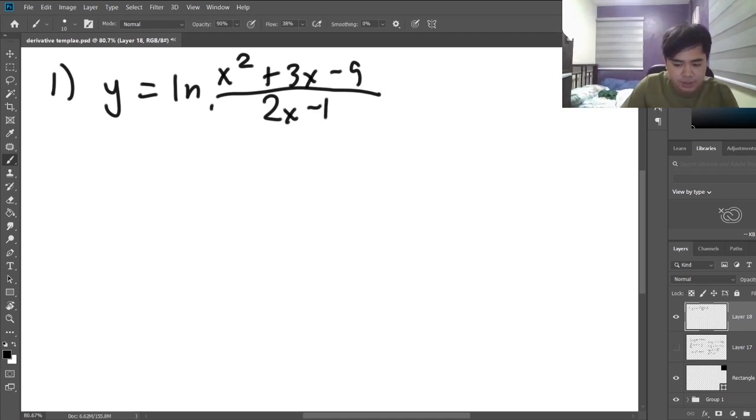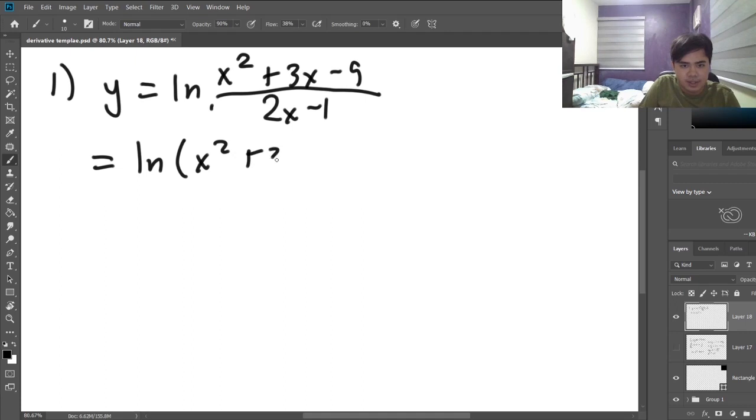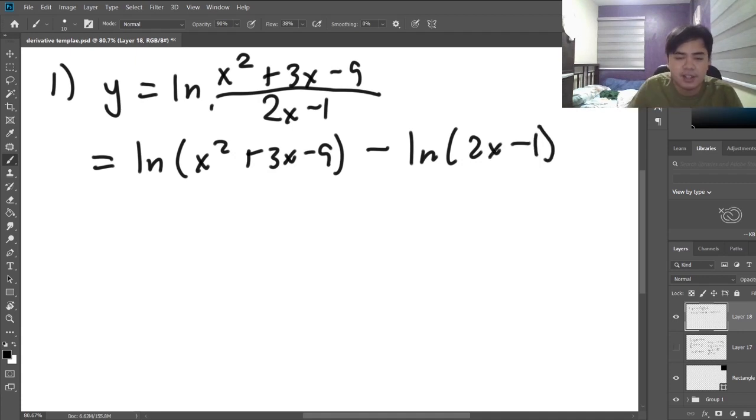Now you think this is a chain rule situation and then a quotient rule situation, but we're not going to do quotient rule because that's going to be difficult. Instead, we're going to separate the logarithms together. So what we're going to do first is look at the first one. This is going to be ln of x squared plus 3x minus 9. Look at the second one. That's a minus ln of 2x minus 1. And with that move, we instantly made it much easier.